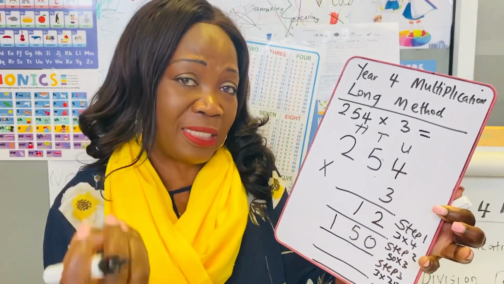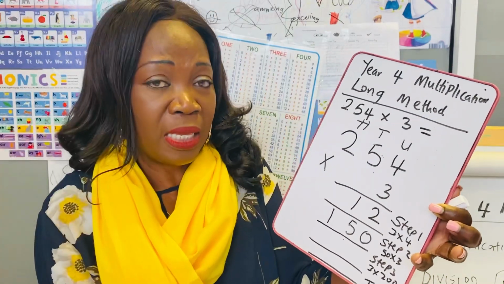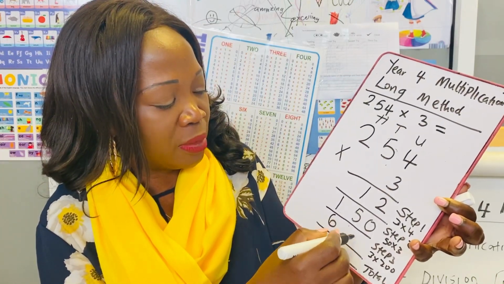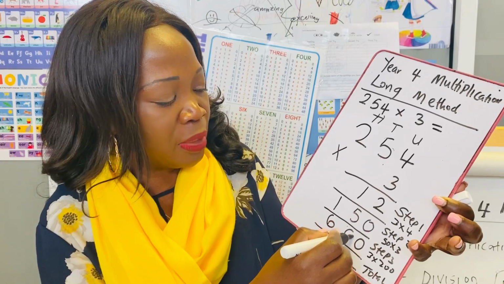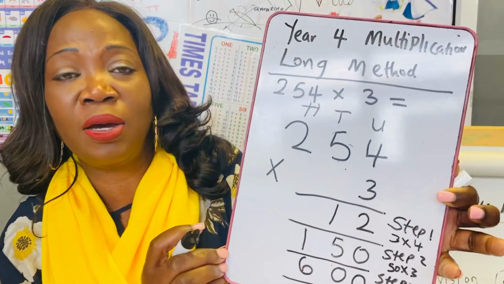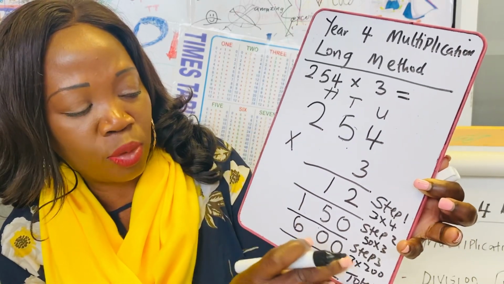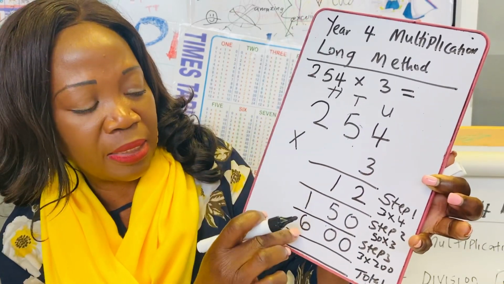So 3 times 2 is 6. So 3 times 200 will be 600 because it's in the hundreds place. We just put our double zero as placeholders because it's 200.